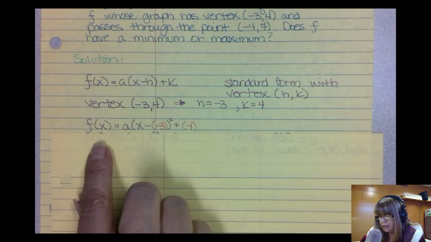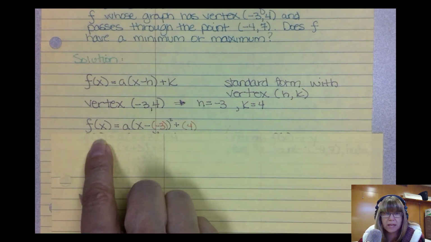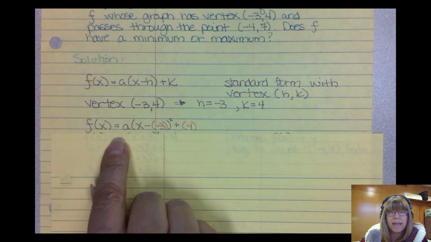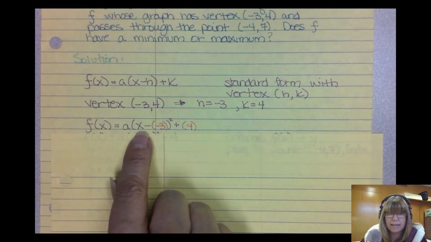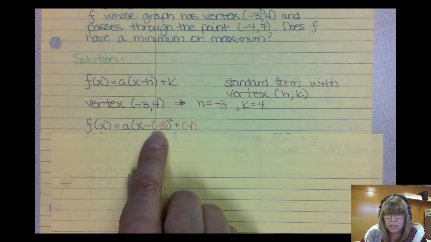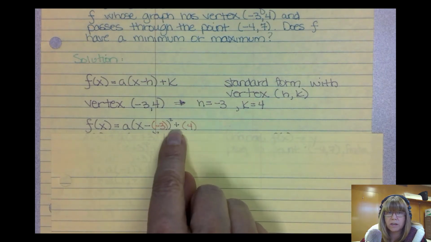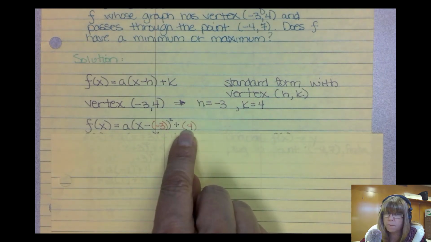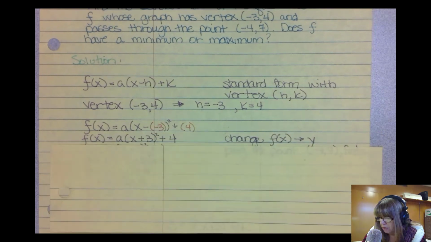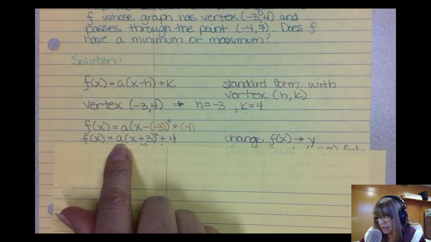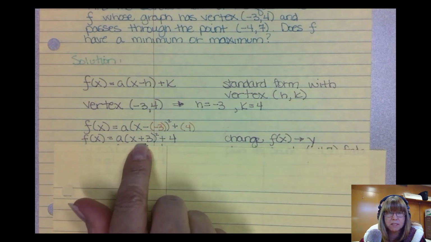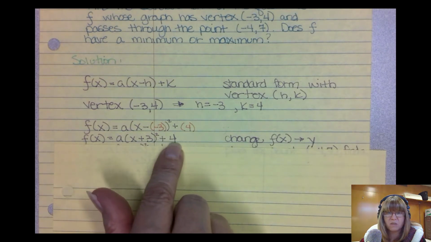Plugging that in to our standard form, we get f of x equals a times the quantity x minus negative 3. Remember, the value of h is -3, all squared plus k, which is 4. Doing some math here, we get a times the quantity x plus 3, all squared, plus 4.